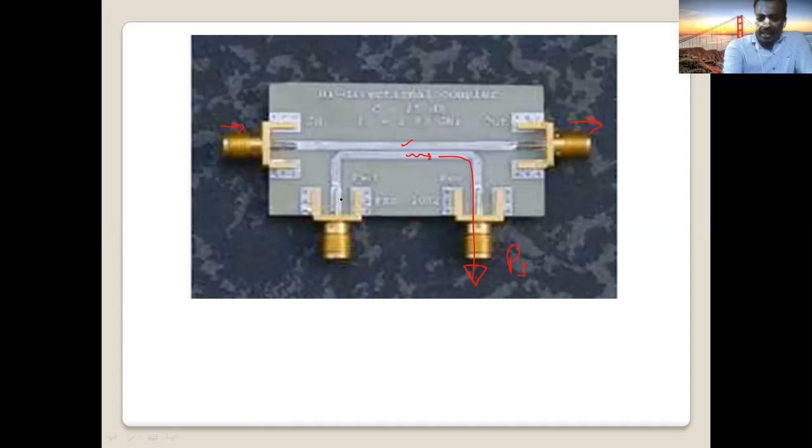So this is the wrong direction. If the coupled signal comes in this direction, it is wrong. The coupled signal must go to the coupled port. But there is no perfect device. A small amount of the coupled signal is transmitted in the wrong direction to port number 4, which is called the isolated port.